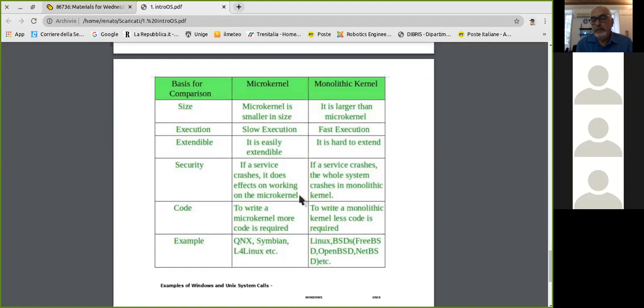Another dramatic con is that you can change something in the kernel only, in principle, by recompiling the kernel, because you don't have separate modules.